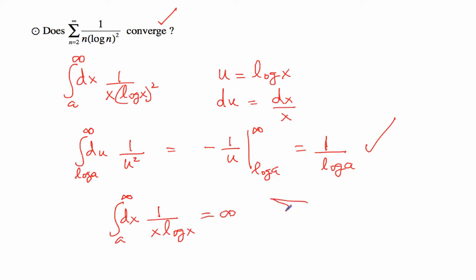And so this infinite series, 1 over n log n, would diverge. It's clear that squaring log of n made this series converge. If you didn't put that, then this series here would diverge just as 1 over n diverges.